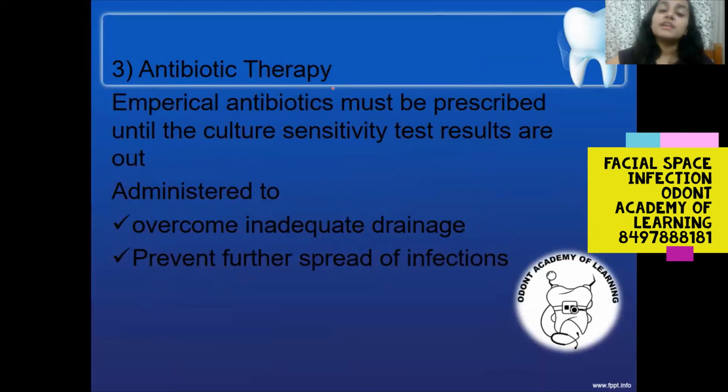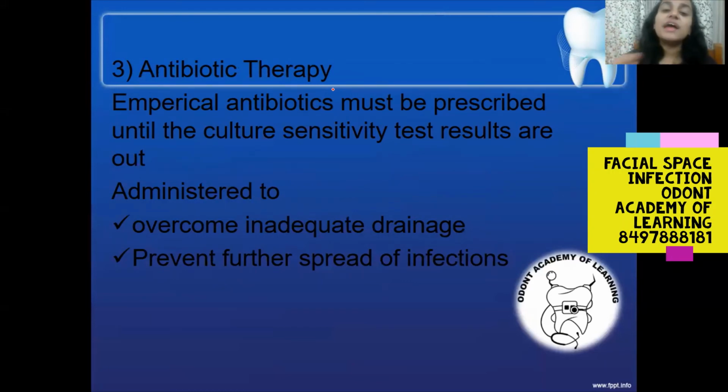Now, when it comes to the antibiotic therapy, what happens is, when we are draining out the pus, we always collect the sample and send it for culture sensitivity. The reason why this happens is, we need to know the exact microorganism so that we can prescribe the exact antibiotic.